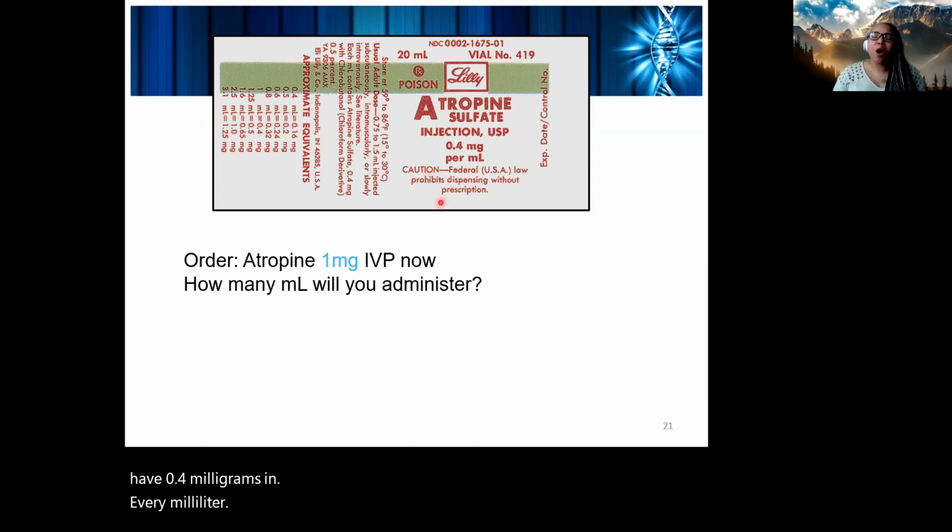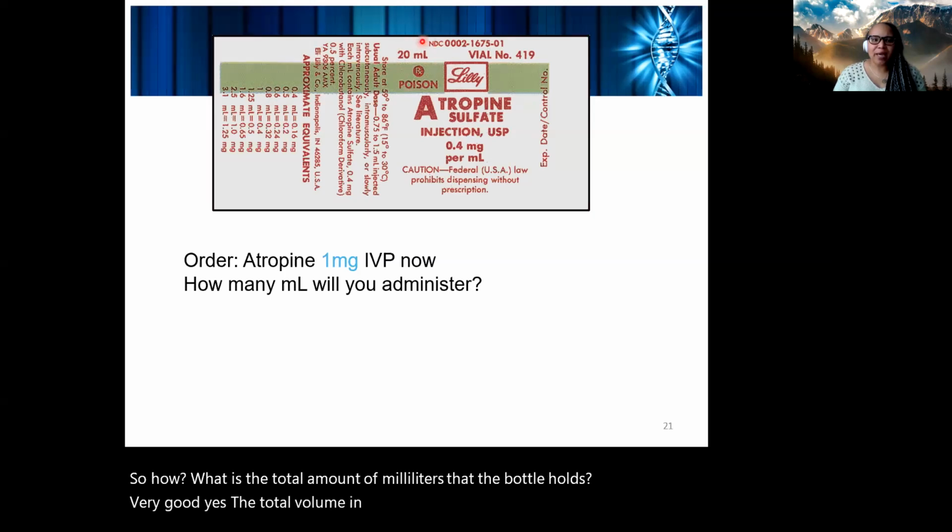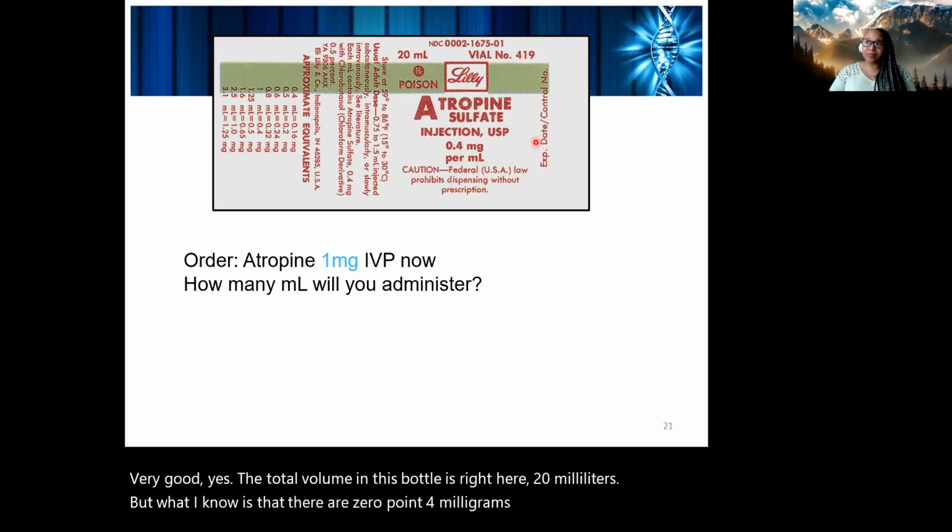So what is the total amount of milliliters that the bottle holds? Very good. Yes, the total volume in this bottle is right here, 20 milliliters. But what I know is that there are 0.4 milligrams per milliliter.